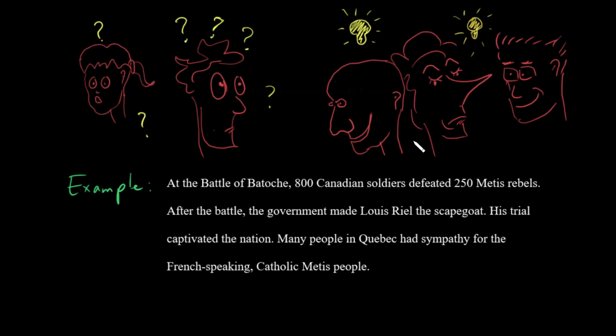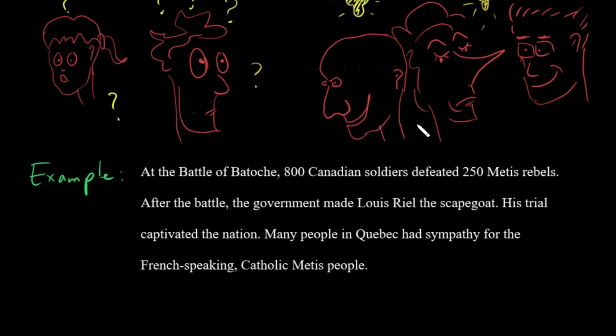And what we'll do is we'll go through this, we'll suggest some ways in which we can add both hedges and boosters to this particular set of statements. The first sentence reads, at the Battle of Batoche, 800 Canadian soldiers defeated 250 Métis rebels. That comes across very much as a fact right now, and if we want to tone that down a little bit by adding some hedges, then we could say something like, at the Battle of Batoche, let's just say roughly 800 Canadian soldiers, or around 800 Canadian soldiers, right?